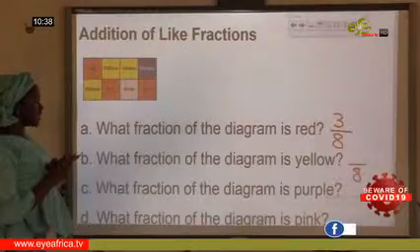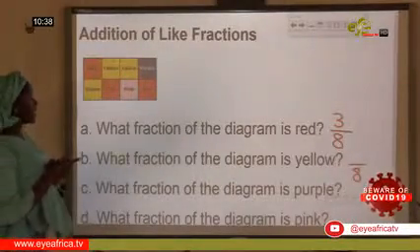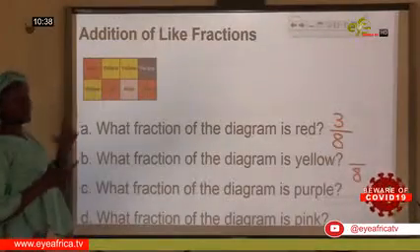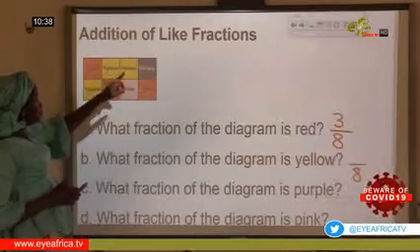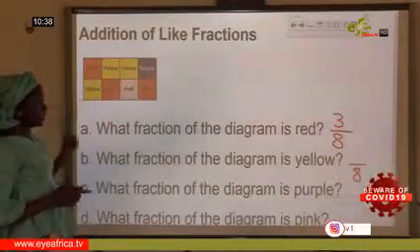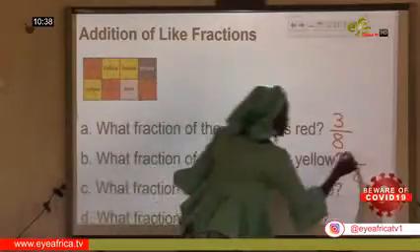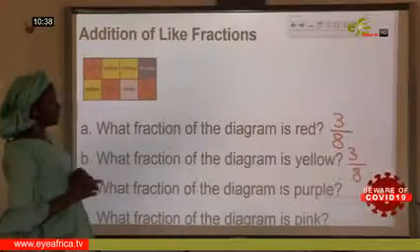Now we are going to count how many yellow portions there are. That is 1, 2, 3. So for question B, we have 3 eighths as our answer.